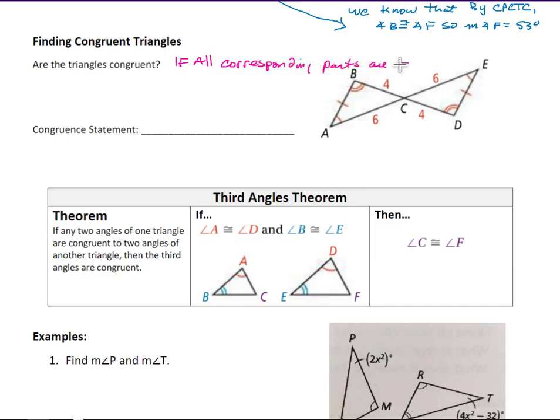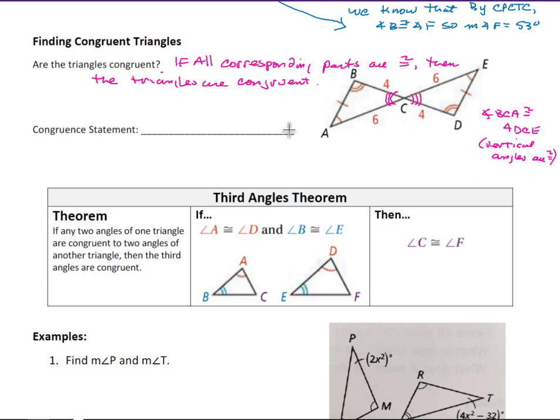Finding corresponding triangles. If all corresponding parts are congruent, then we can say the triangles are congruent, so we have to match up the corresponding parts based on how they're labeled. So A goes with E, B goes with D, and the vertical angles at C are congruent to each other, so C goes with C. And when we name the congruent statement, we have to do corresponding part order.